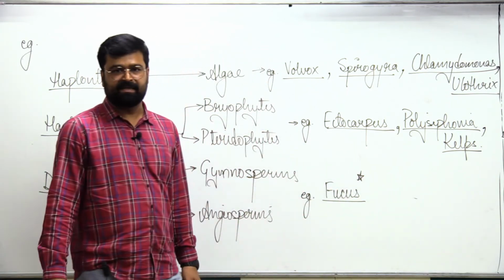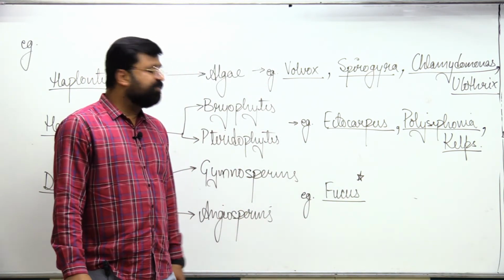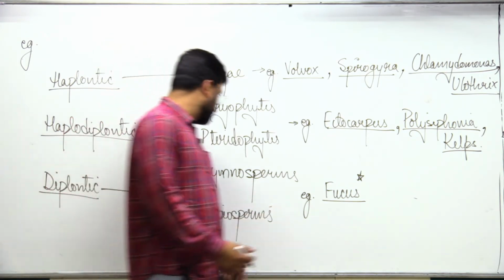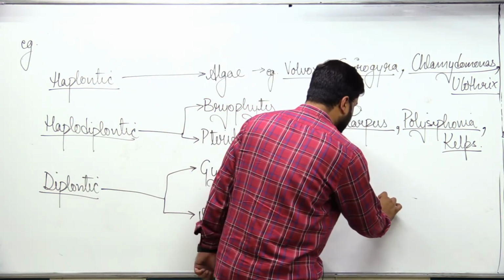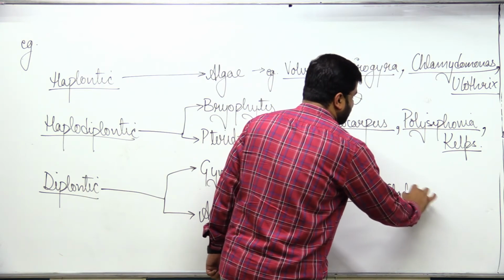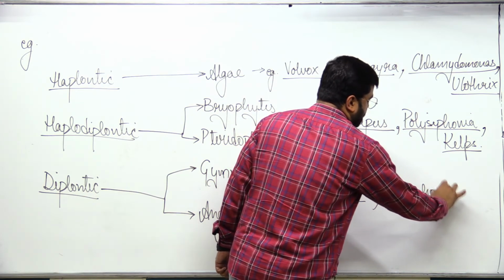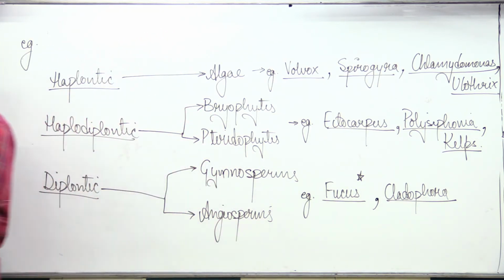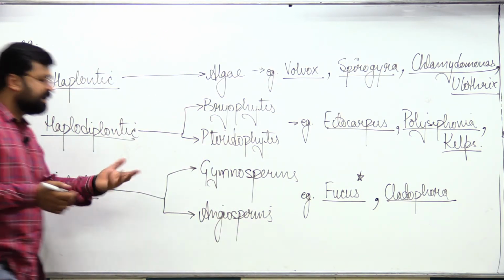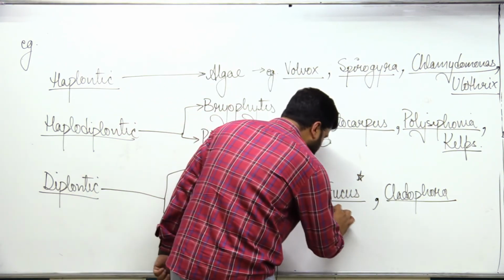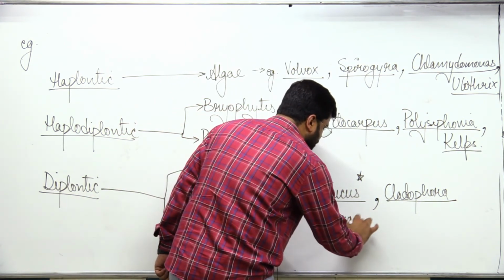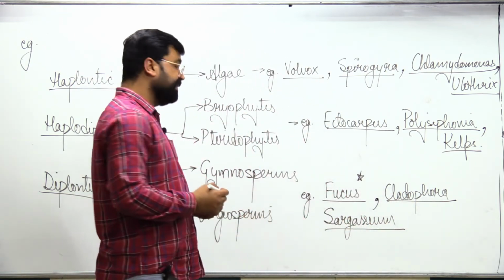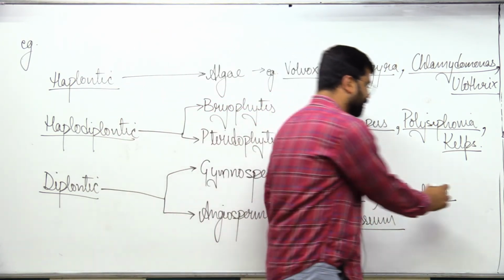Direct question is asked. Okay, along with Fucus we can write Cladophora. Cladophora is also showing diplontic type of life cycle. Yes, Cladophora. And one more, Sargassum. Yes, Sargassum is also showing diplontic type of life cycle.